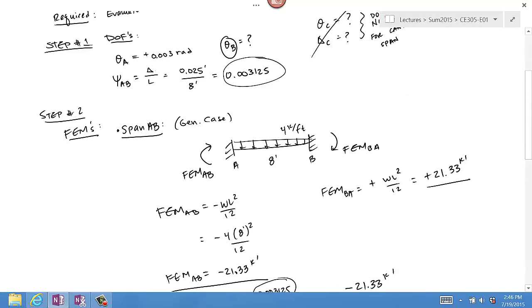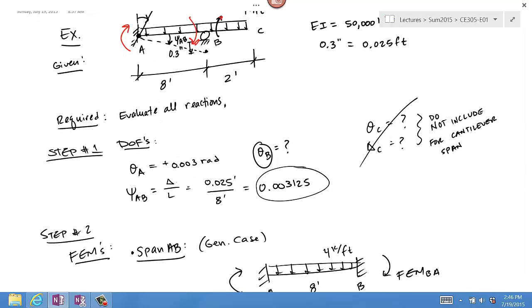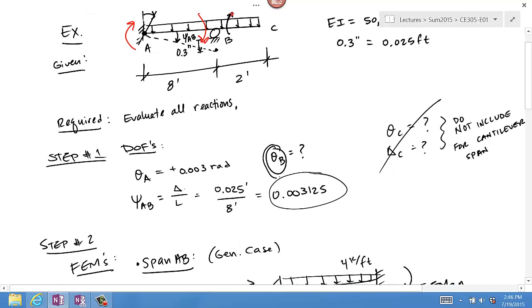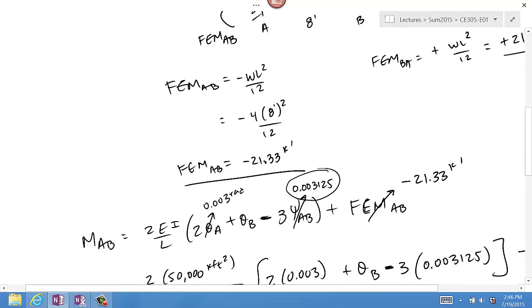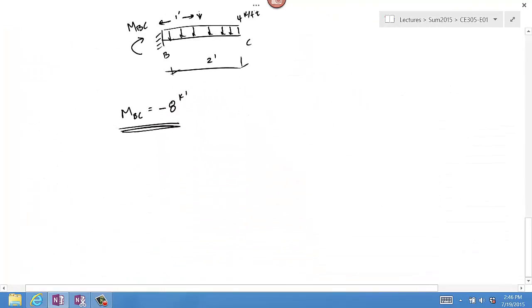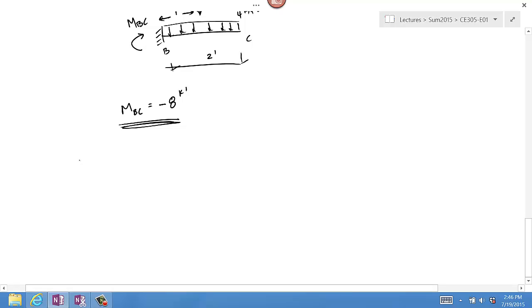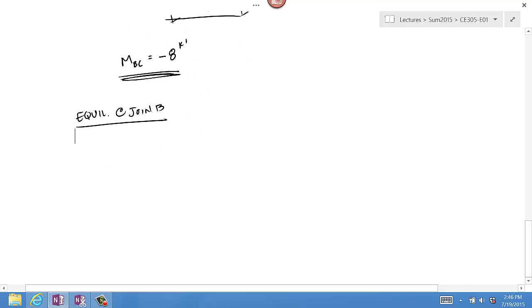And so I told you guys last time that what you need to do is look at the degree of freedom that you circle, theta B. That should remind you of some kind of moment at B. So we're going to look at moment equilibrium at B. So let's look at equilibrium at joint B. There's joint B.